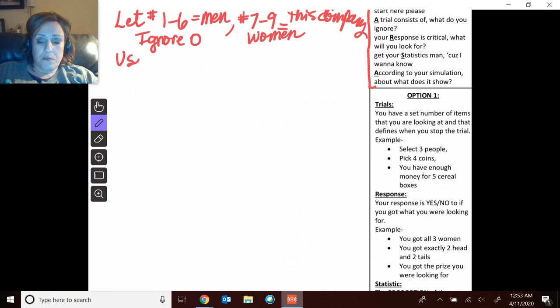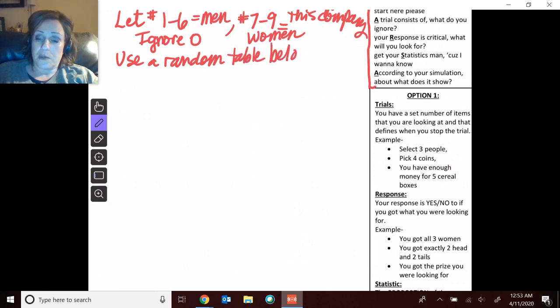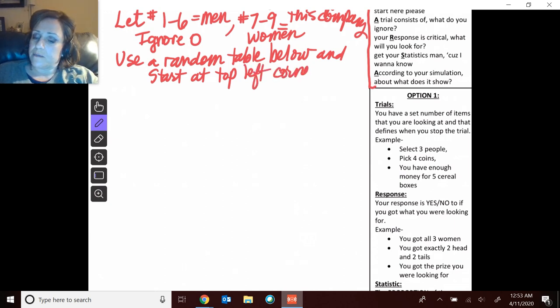So, use a random number table below and start at the top left corner. That's where I pretty much always do this.